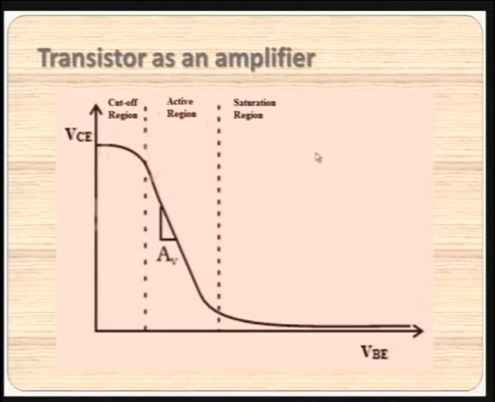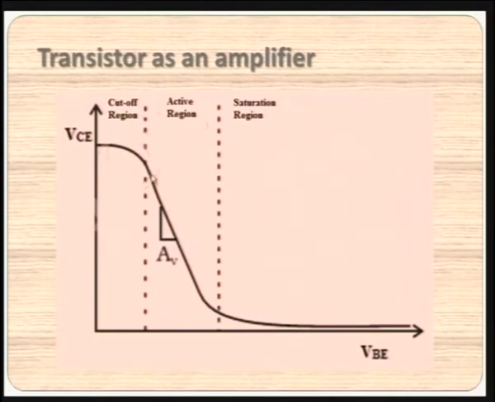This is how we have drawn the graph in the previous lecture. VCE is the output voltage and VBE is the input voltage. The transistor was driven from the cutoff region to the saturation region, and again to the two regions it was made to work, and in between we have this active region.